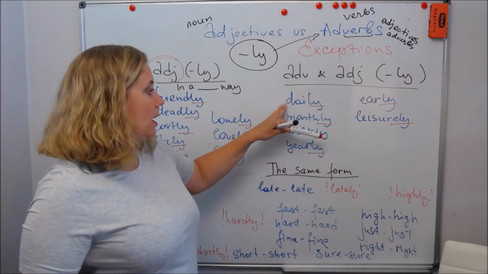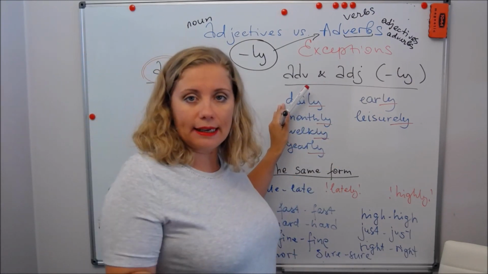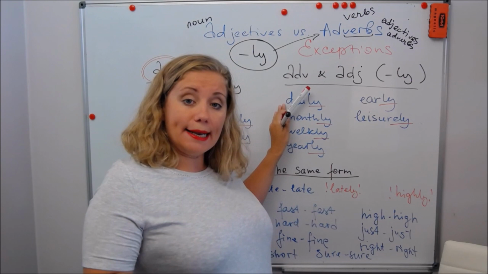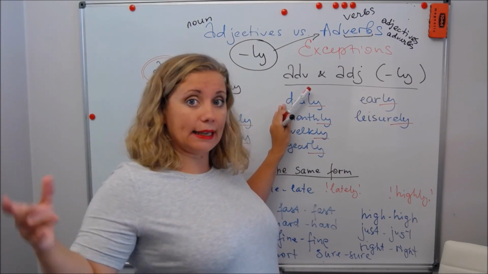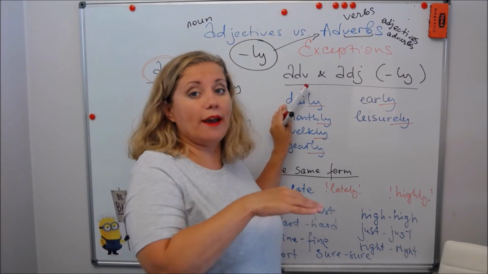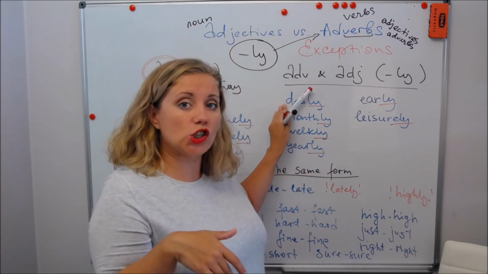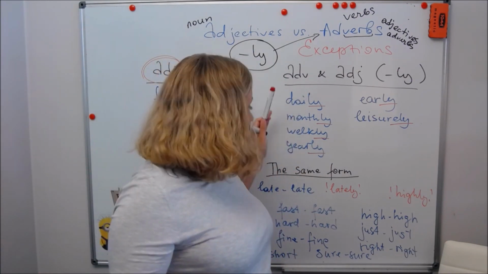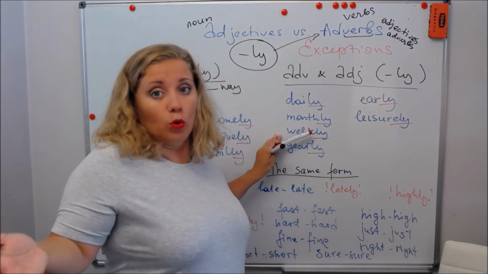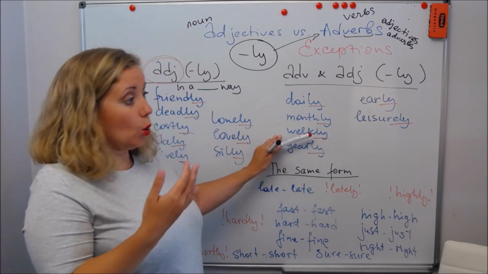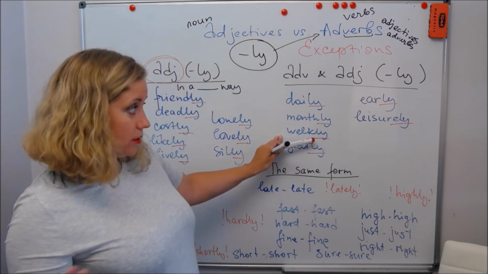So you can say, we have daily lessons, or I study daily. Study how? Daily. It's used as an adverb. We have daily lessons, where daily is an adjective, yeah? We can say, I go there weekly. I go, yes, you characterize the verb. Or we have weekly meetings, and so on.